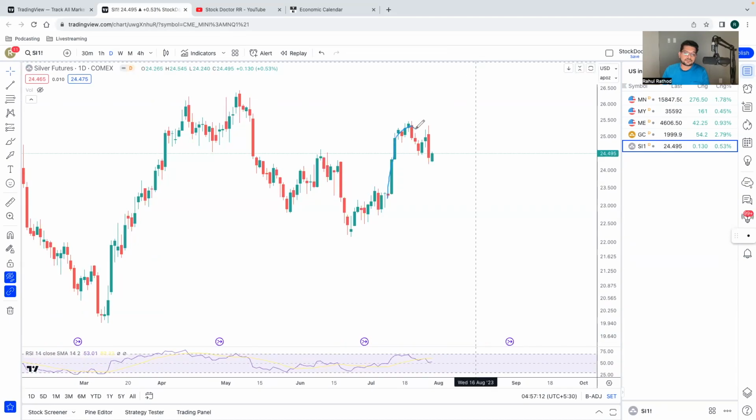And then a bit of correction, and now it can go like this, I can think. If we see the day chart here, on the day chart you can see, and hide the drawing.